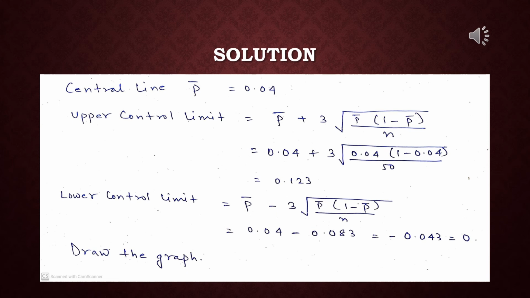If any upper control or lower control value comes beyond 0, if it is coming at negative, we will transfer that value back to 0 itself. Again, I am repeating because this is one of the most important parts: if any upper or lower control limit value comes at negative, since no error can be calculated beyond 0, we will transfer that value back to 0. So here you have the upper control limit and the lower control limit.